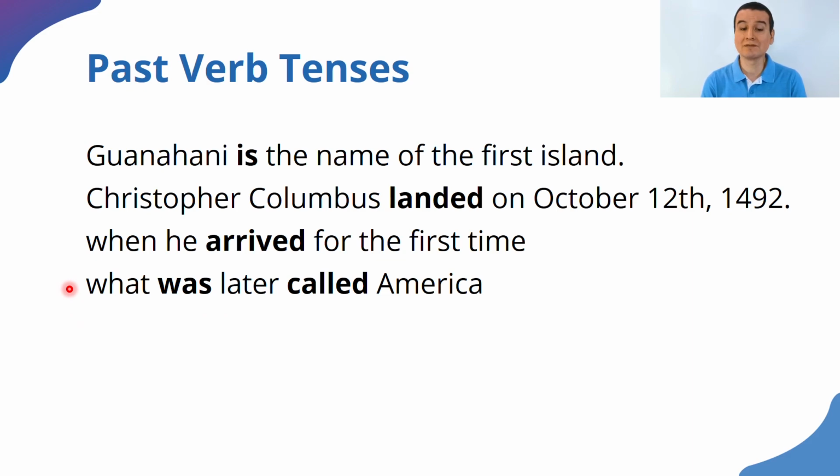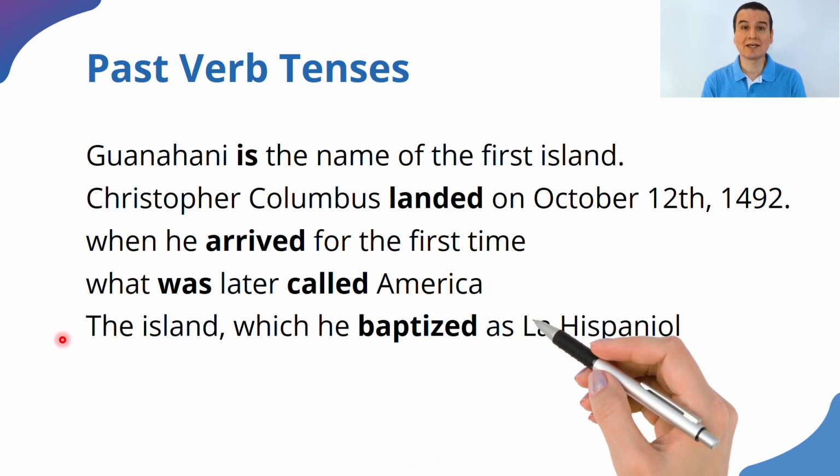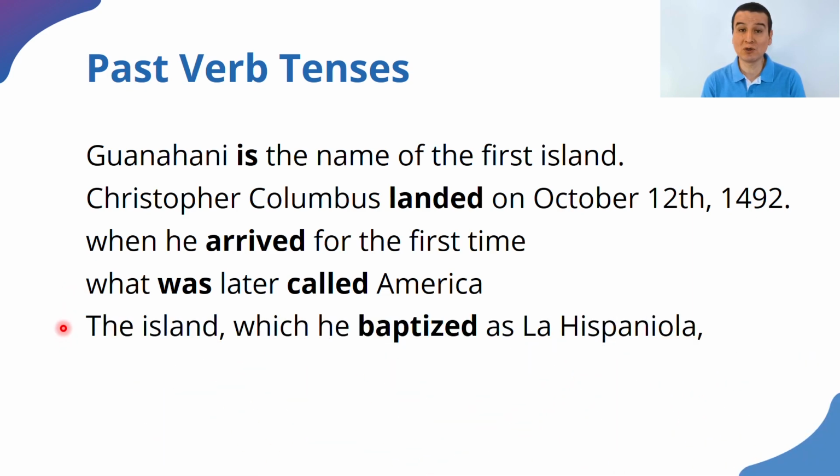But what is important here is that it was called America, not who called it. For that reason, we use the passive. The island which he baptized as La Hispaniola. So the island he baptized, that is past simple because we know when he did it.